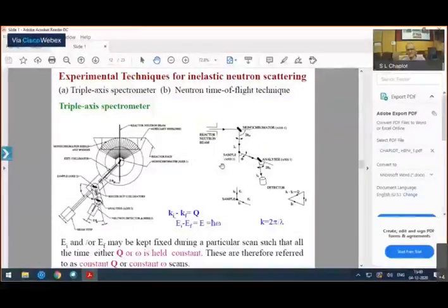There are further techniques: you can do Ki minus Kf, that is the momentum transfer. You can plan it in such a way that you scatter at a fixed value of Q and do an energy analysis, or vice versa. You can do it at a fixed value of energy transfer and do a momentum scan, and so on.